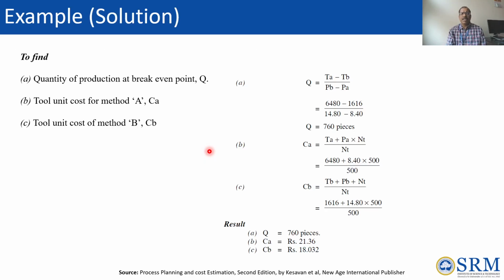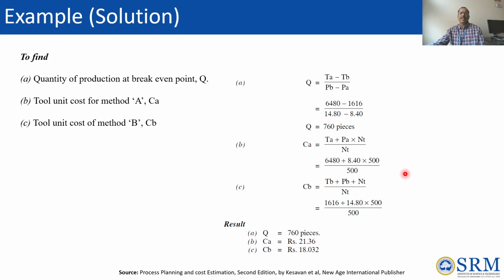Using the same relationship, the quantity of production at the break-even point Q equals the total cost of A minus B, divided by the variable cost of B minus A. So we get a quantity of 7,600 pieces, and n is given as 500.